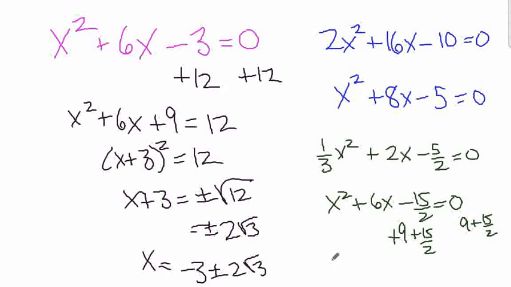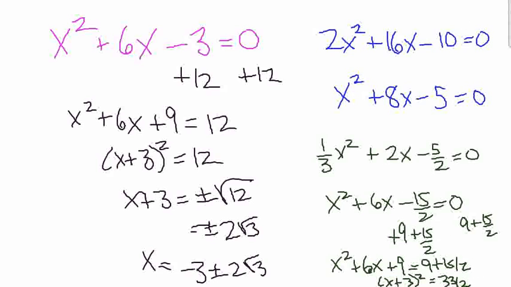So then that would give x squared plus 6x plus 9 equals 9 plus 15 over 2. And then you'd get x plus 3 squared. And then if you like, you can combine the right side into one fraction. 9 is 18 over 2, so that's 33 over 2.